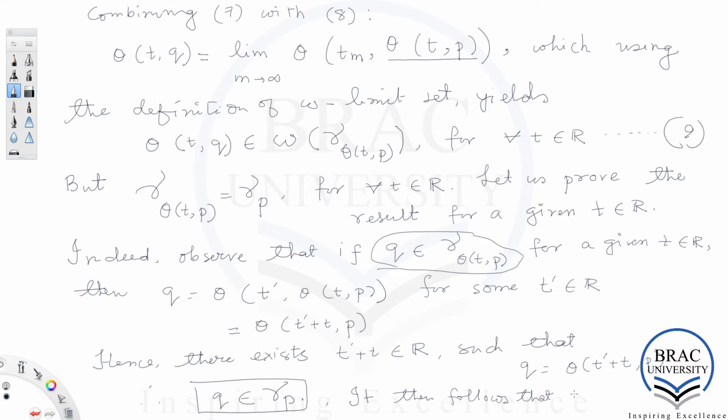It means that gamma sub theta t comma p is a subset of gamma sub p, right?